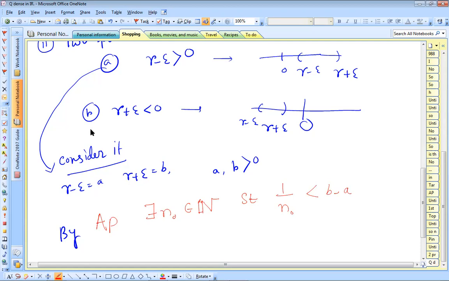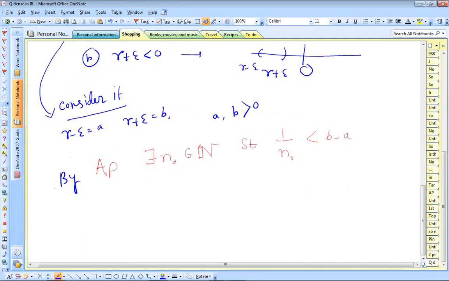Then consider this set S consisting of those natural numbers m such that m by n naught is greater than a.